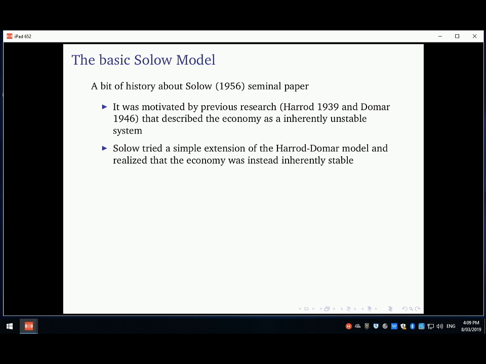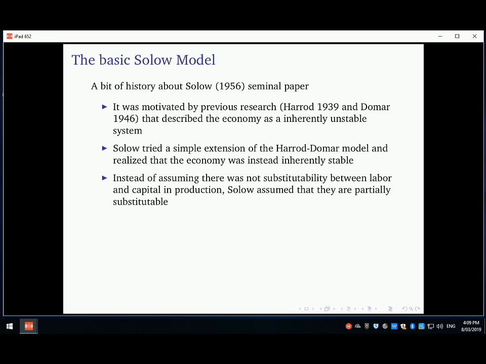So by making one simple assumption, he arrived at completely different conclusions, and he arrived basically at the fact that the economies can converge to a long-run equilibrium, and the way they converge to that long-run equilibrium is super smooth over time, and it looks like how many economies have behaved over time. Again, except these two big recessions that we have had that will be the topic of the second part of the course.